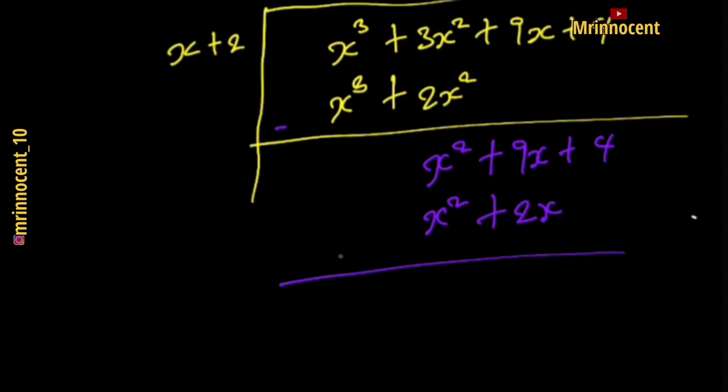You subtract. So you have 9x minus 2x is 7x. x raised to the power 2 minus x raised to the power 2 is 0. Bring down this one plus 4.